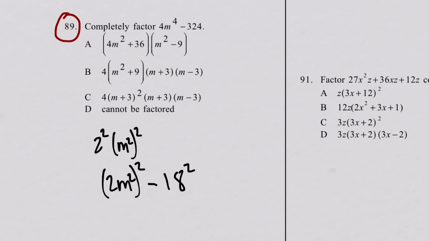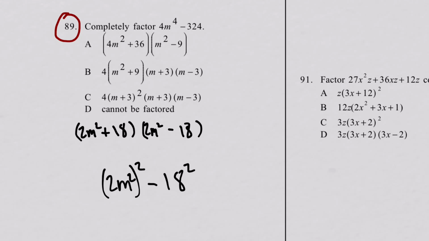Since they're both perfect squares, you're going to break that down into two sets of parentheses, 1 plus, 1 minus, 18 on this one, 18 on this one, 2m squared on this one, 2m squared on this one. And there's your breakdown.